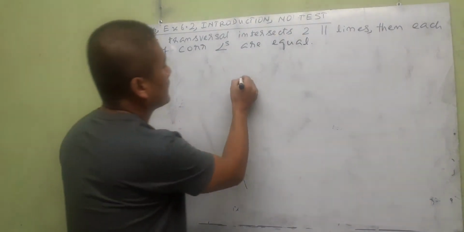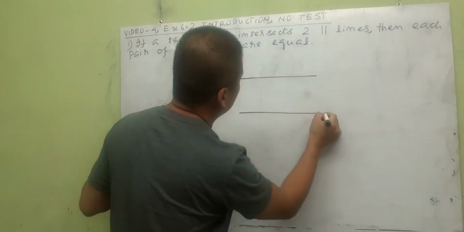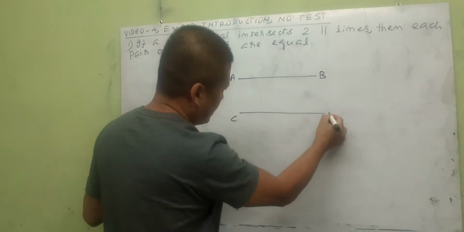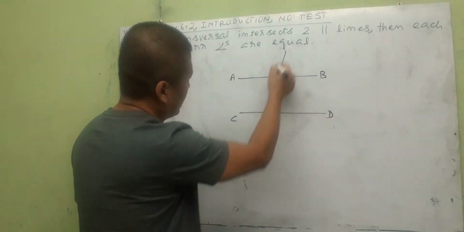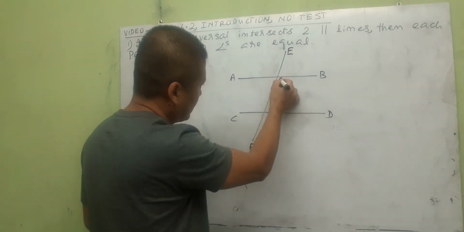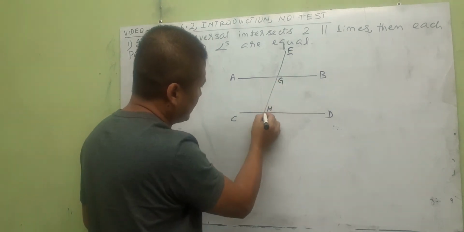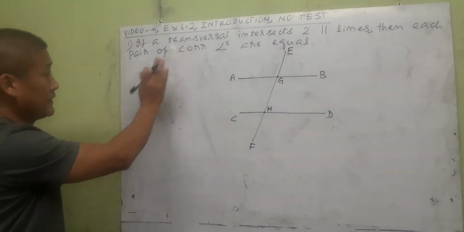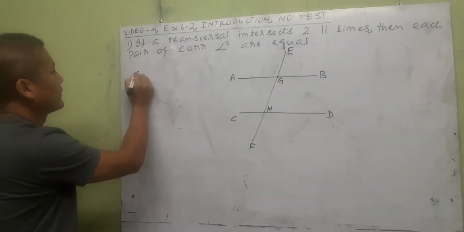So write it down. And so let us draw two lines that are parallel. Let us say they are AB and CD, cut by a transversal, let us say EF, at a point G and at a point H. What this theorem means, just follow, you will get it.